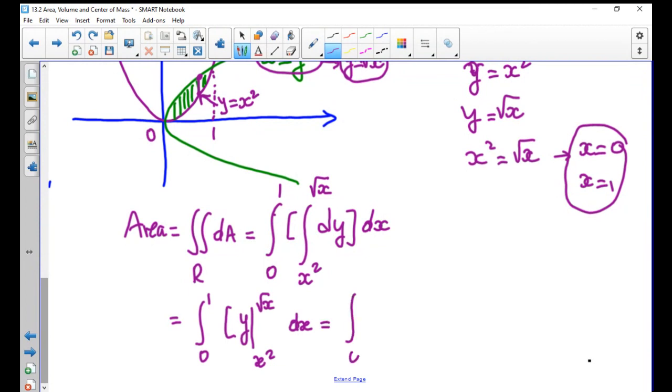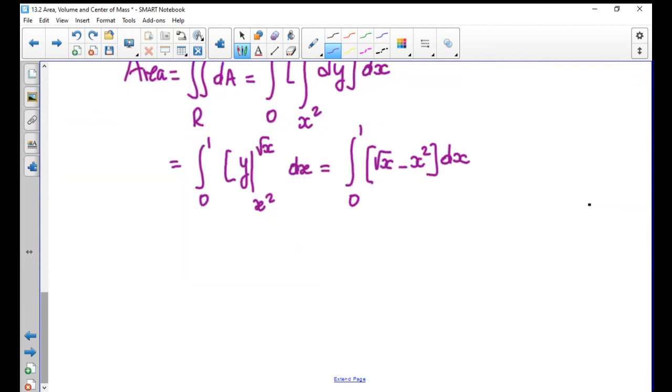So it's going to be the integral from 0 to 1 of square root of x minus x squared dx. Okay, great. And then we integrate each one of these. If you want to integrate square root of x, you can think of it as x to the power of half.